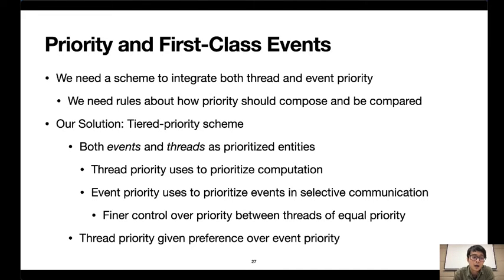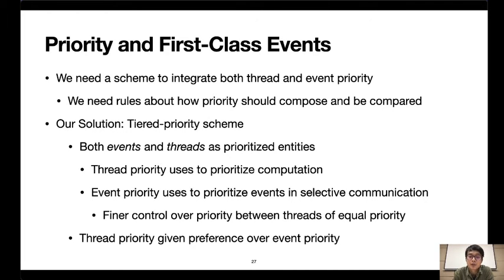Our scheme wants to integrate both thread priority and event priority. This scheme has rules about how the priorities are composed and compared. Our solution is a tiered priority scheme, and both events and threads are prioritized entities.